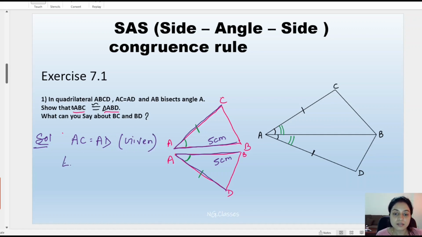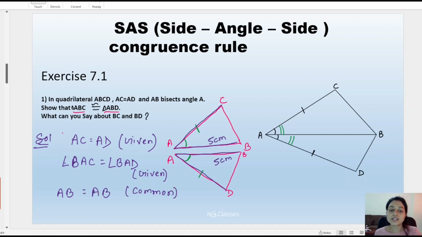Similarly, angle BAC is equal to angle BAD. That is also given according to the bisector condition. Now, side AB is the same as side AB. That is the common side. So we can see here the sequence is side, angle, side.